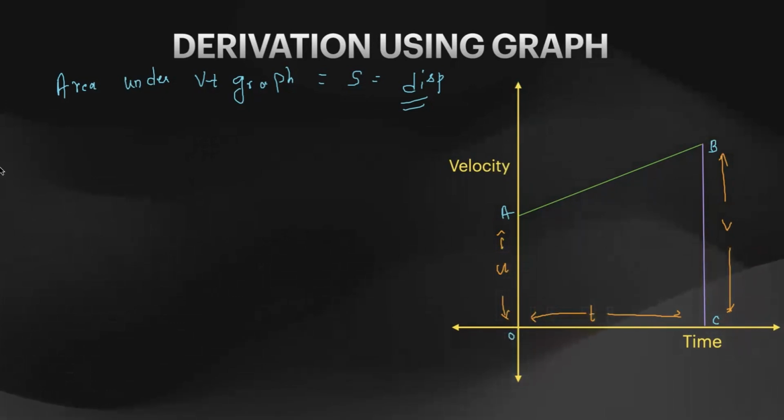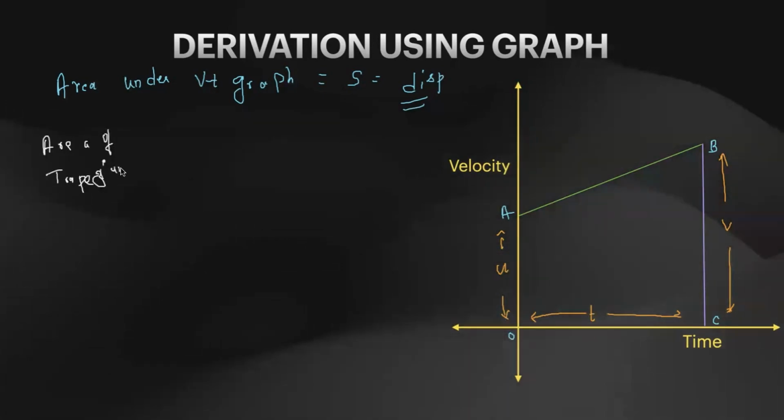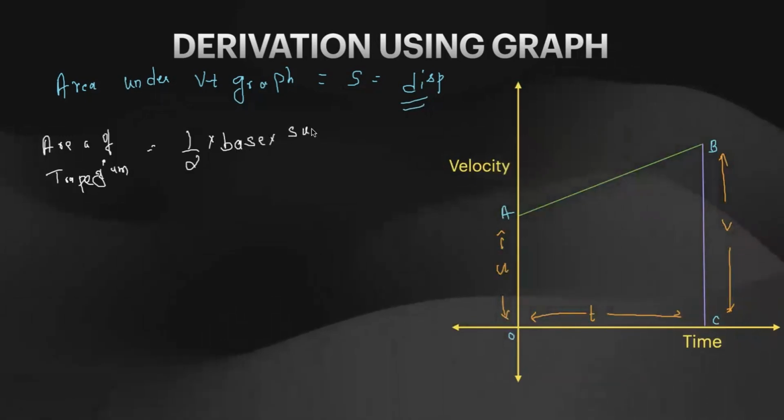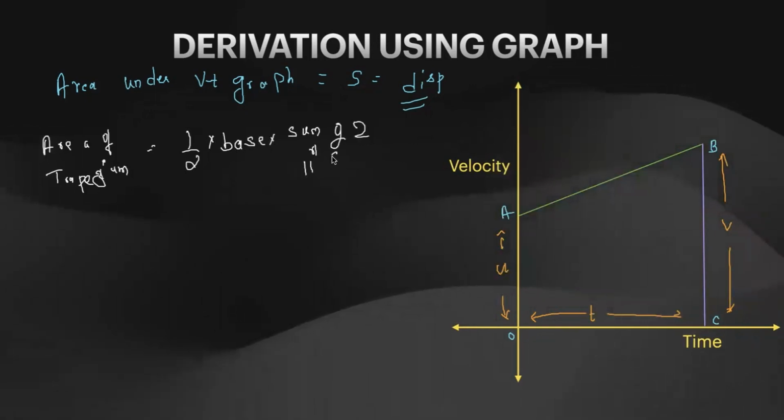Okay, so what is the area of a trapezium? Area of a trapezium is nothing but half into base into sum of the two parallel sides.